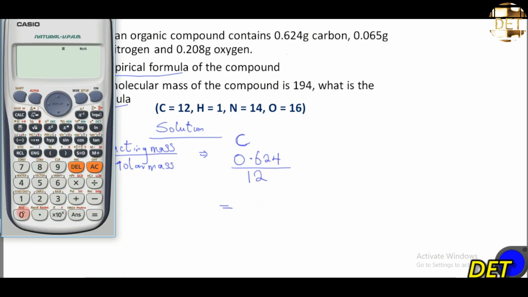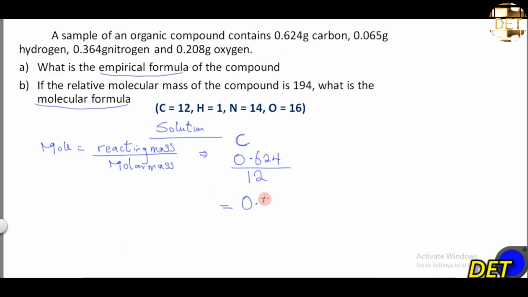If I bring out my calculator, 0.624 divided by 12 is equal to 0.052 moles, right? So this is the number of moles of carbon.